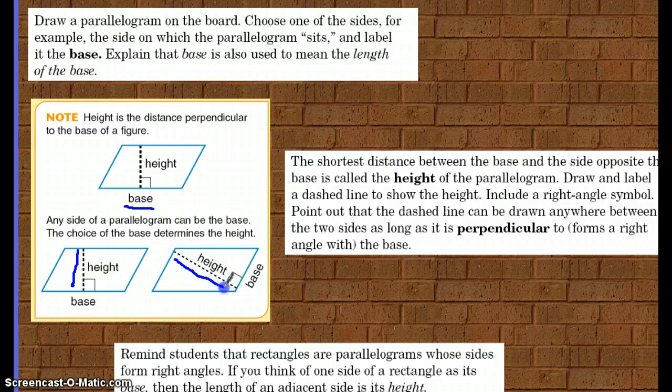This could be considered the height, or this way is considered the height. The dashed line can be drawn anywhere between the 2 sides as long as it is perpendicular. It forms a right angle with the base. And here's your right angle symbol that is showing you that it's forming a right angle.